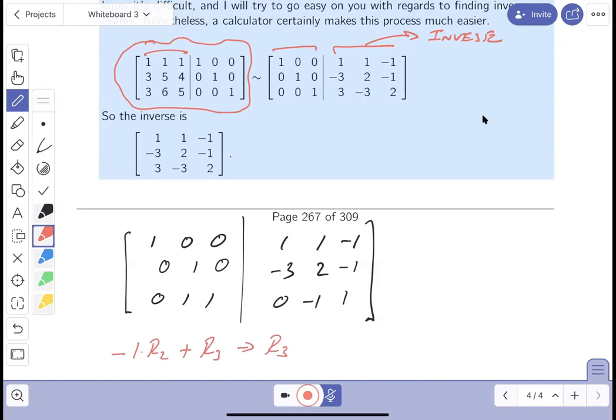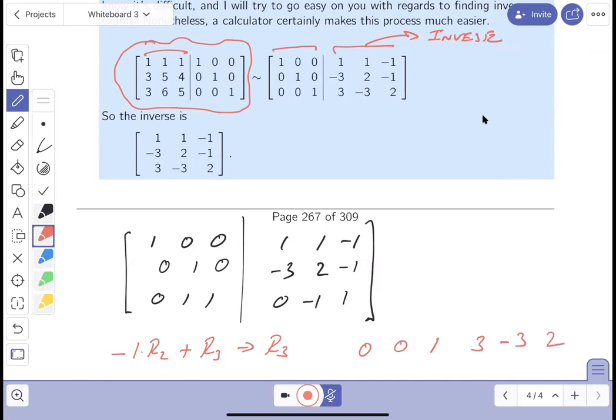Well, I think I can do this one now pretty quickly. So what would I get? I'll write it down for you. 0, 0, 1, 3, minus 3, and 1 plus 1 is 2.